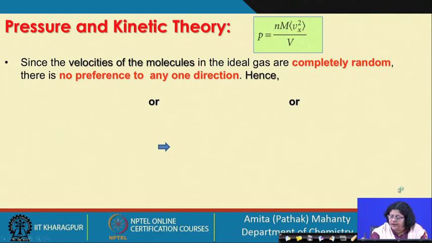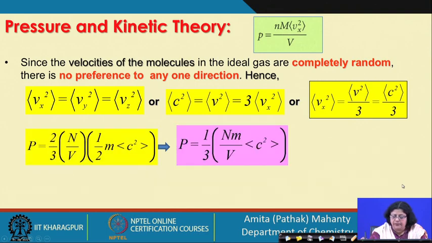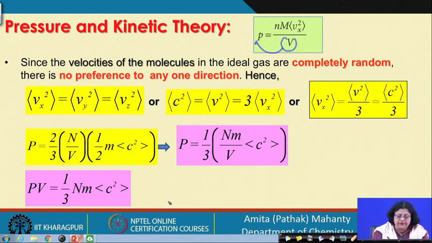So, if we have come to that, we have now justified why we are having the 1/3 component. So, the 1/3 component is now introduced in the pressure. So, if we now represent this, we take the volume to this side, then what do you have? We have an expression which is quite similar to the ideal gas law, where we have PV equal to nRT, and here we have PV equal to 1/3 N m times the RMS speed squared.